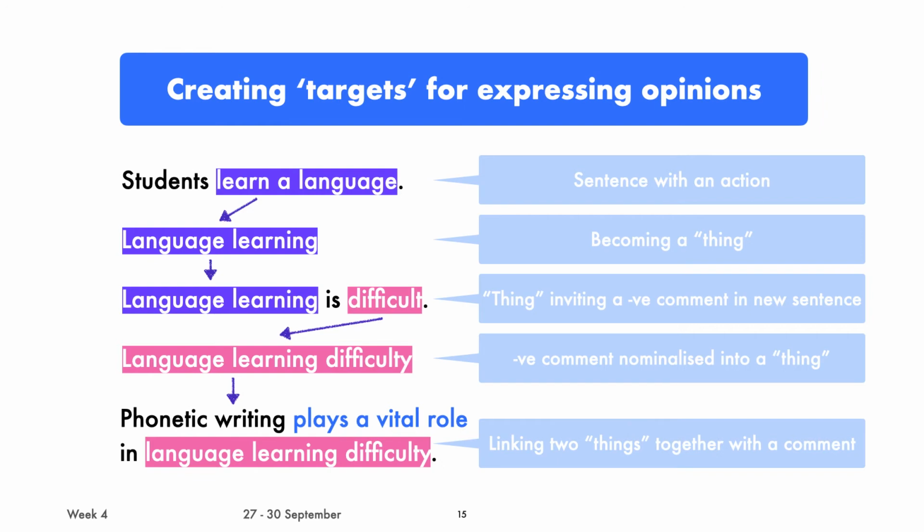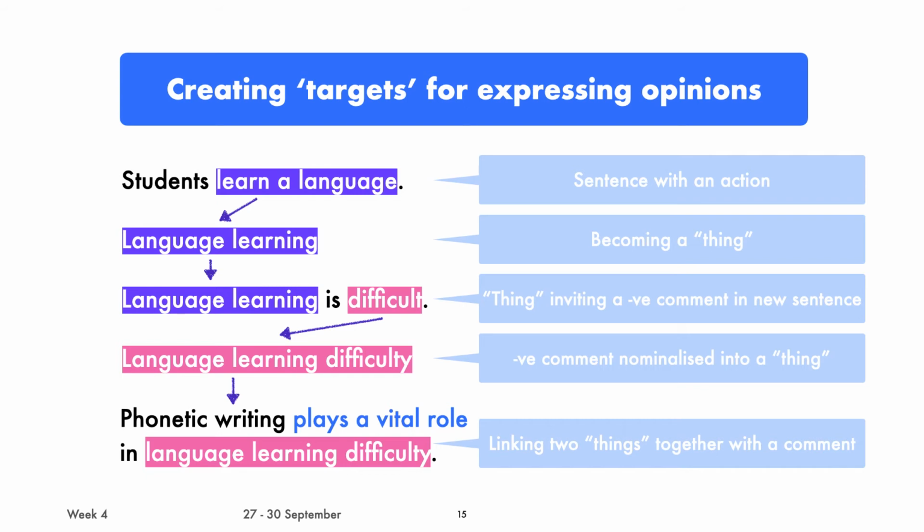But for language learning knowledge or the research about language, we call this kind of action language learning. By turning an action into a thing, you can then comment on it, like language learning is difficult, or maybe to some it's easy, right?